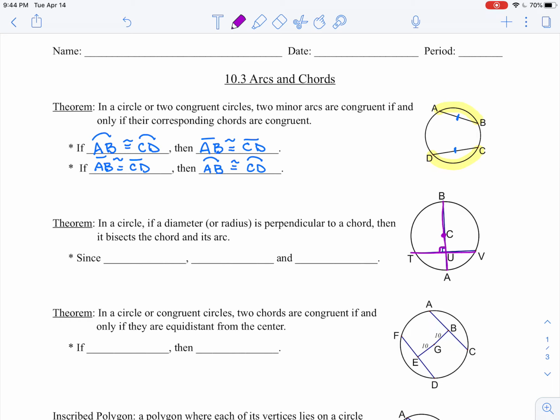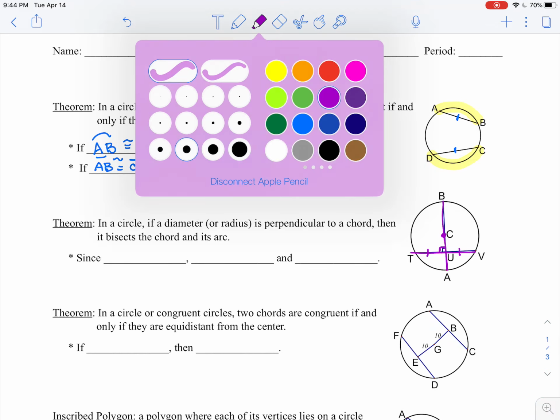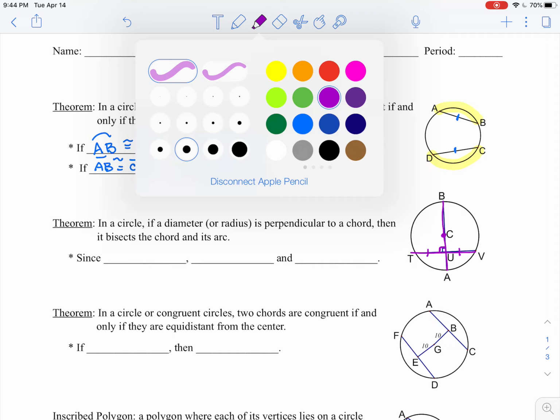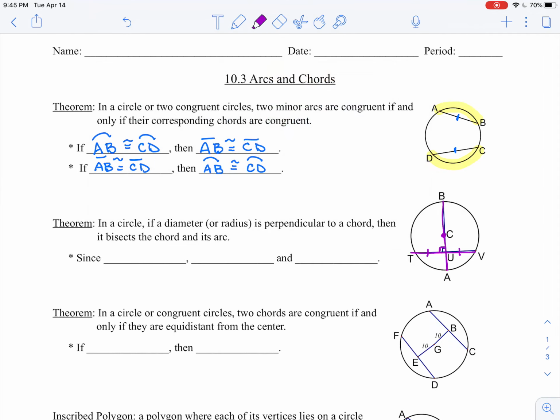Since the diameter is perpendicular to the chord, it bisects the chord, so the two halves, TU and UV, must be congruent. And it also bisects the intercepted arc. So it also bisects arc TV, so that TA and AV must be congruent.